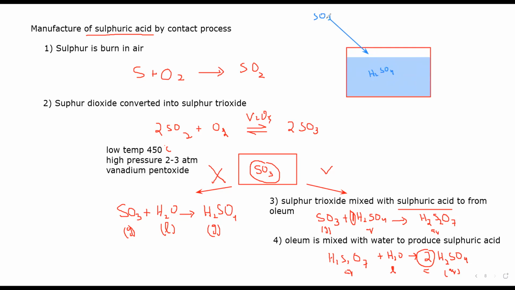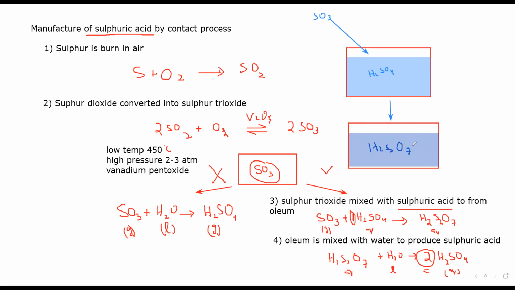So sulfur trioxide mixed with sulfuric acid, the result will be a formation of a compound which is known as oleum. So this will turn into a compound which is H2S2O7.